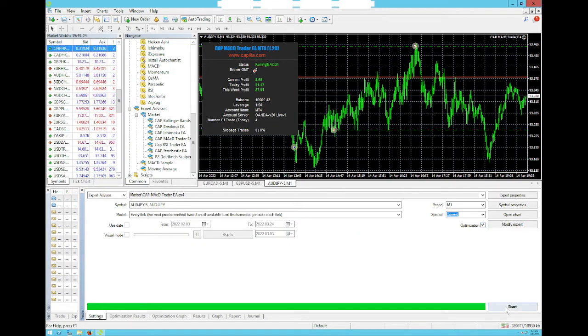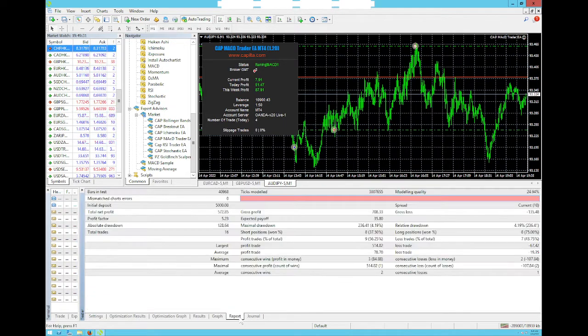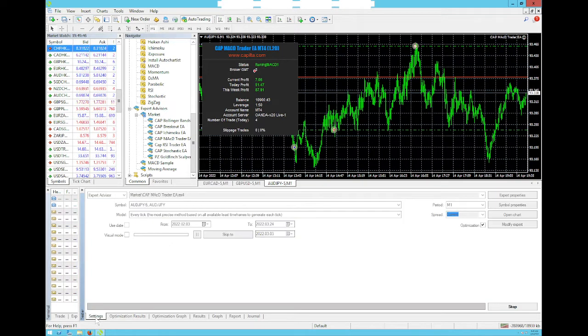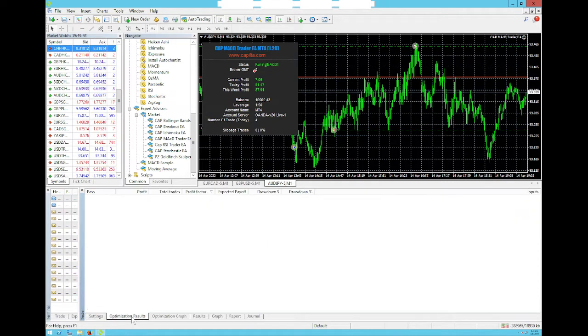Optimize, start, and what I want is a higher profit factor, lower drawdown and higher profit. That's what I'm looking for. Because without it, I did notice that it would go up.